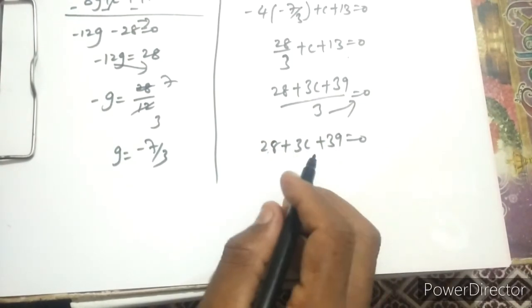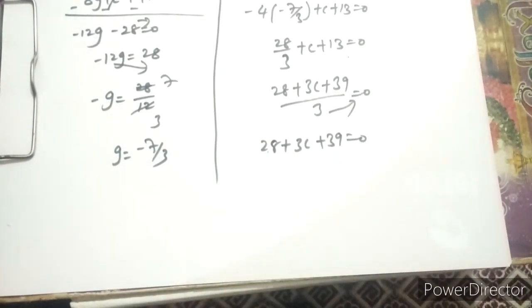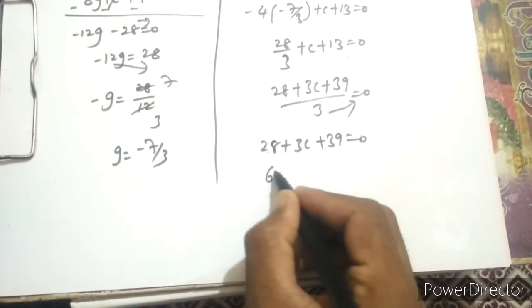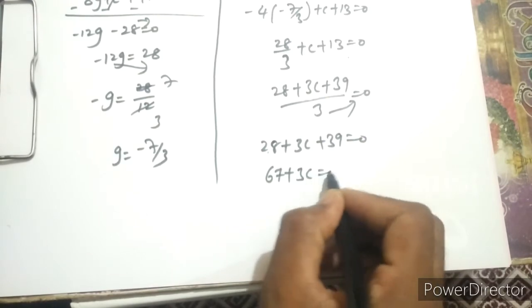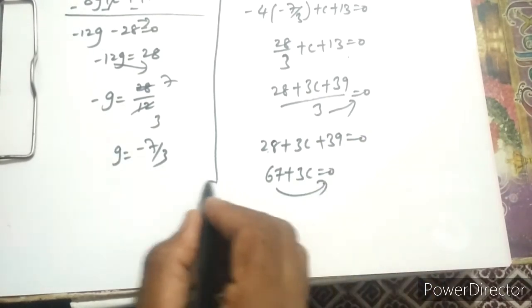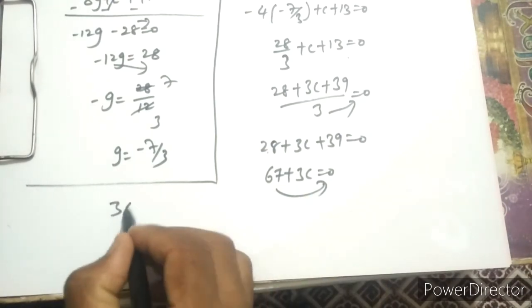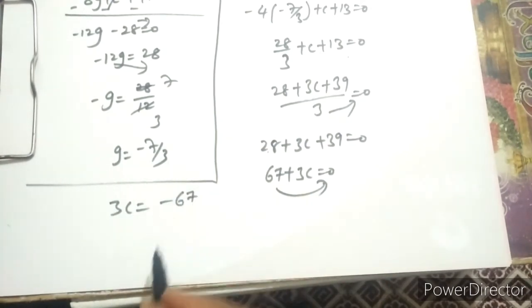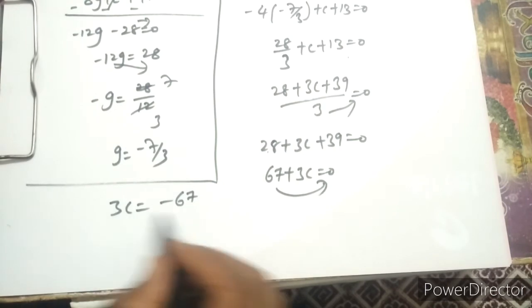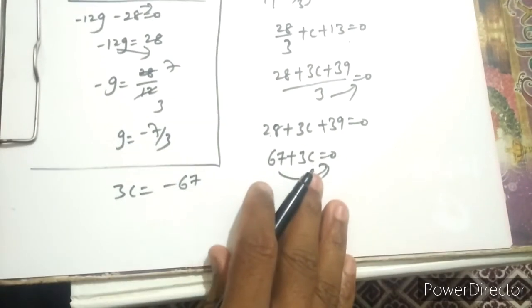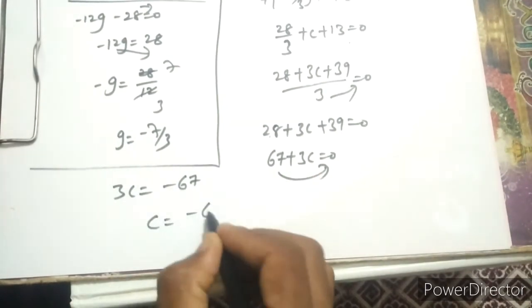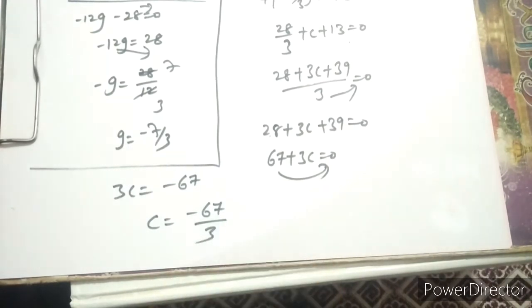So 28 plus 39 is 67. So 67 plus 3c is equal to 0. Taking 67 to the right hand side, 3c is equal to minus 67. So c is equal to minus 67 by 3.